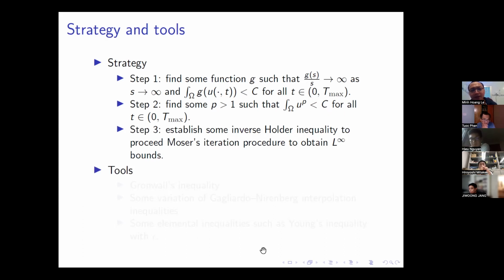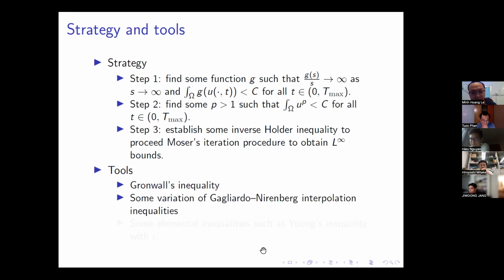And the tools: we just use some simple inequalities like the Gronwall inequality and some variation of the Gagliardo-Nirenberg interpolation inequality. I mean, in some sense we have something stronger than the Gagliardo-Nirenberg inequality. We'll talk about that later. We also need some elementary inequalities, Young's inequality with epsilon and so on.